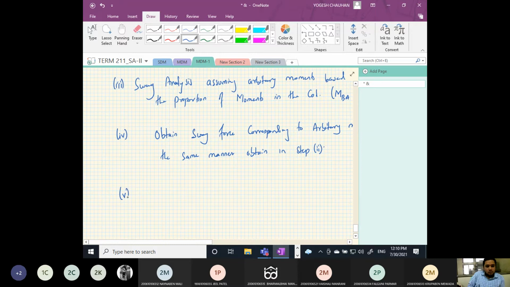And next we have to carry out sway correction.